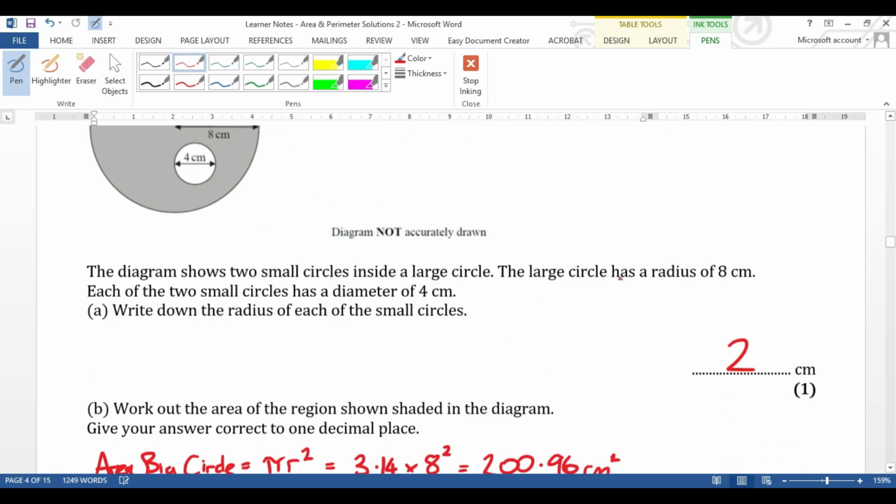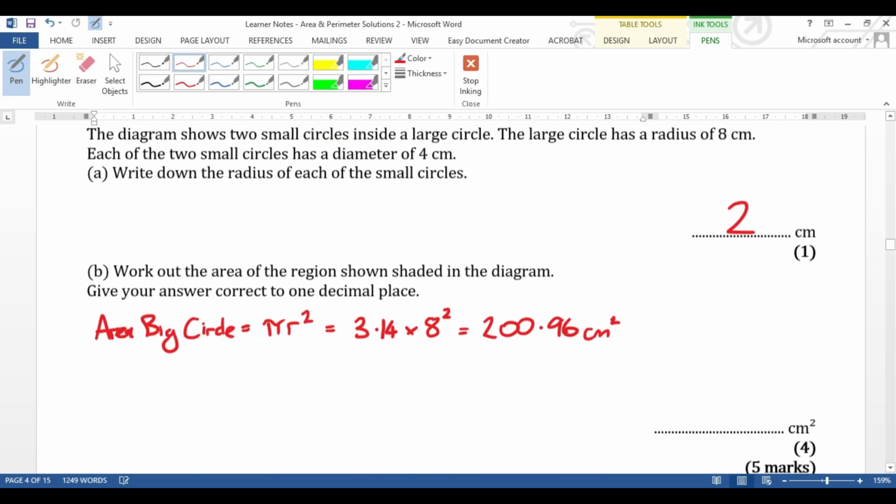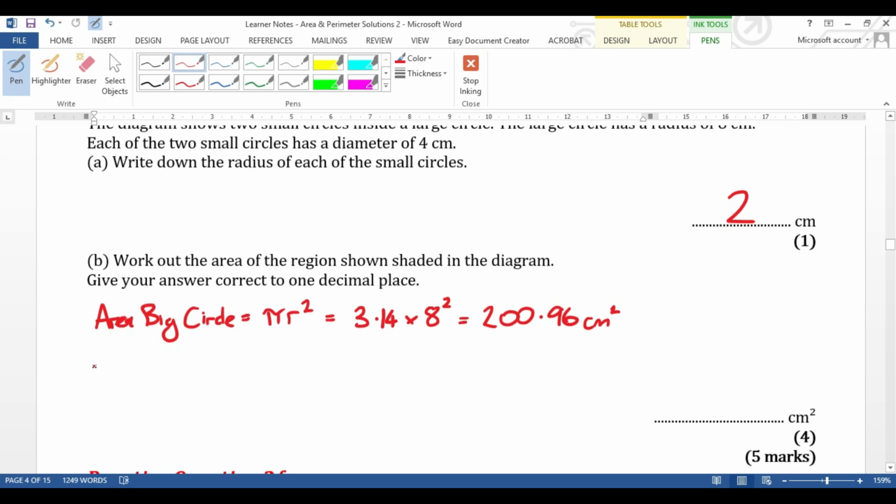Okay, well, let's do the area of one of these smaller circles. So area of small, again that's going to be pi r squared, or Apple Pies R2. 3.14 times the radius of the small, well, that's what we got for the previous answer, which was 2, and we have to square that.